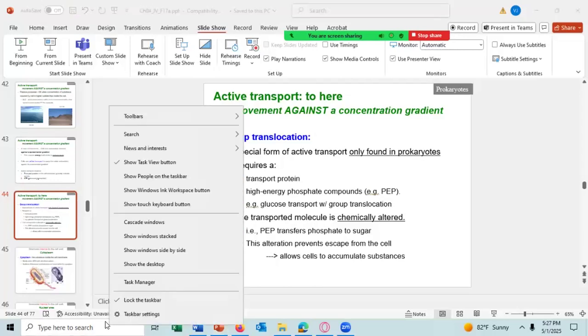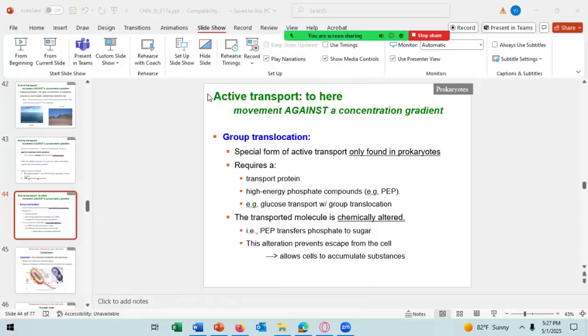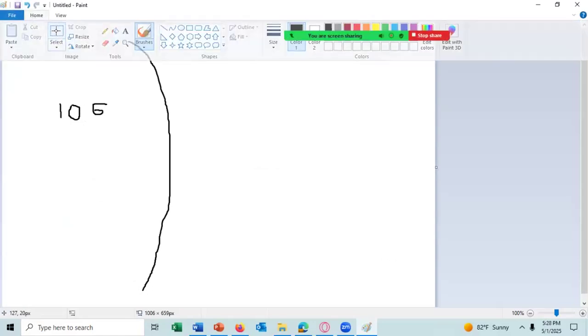Let me explain that a little better if I can get Paint to work here. So here we have our cell, and let's say we have 10 glucose molecules inside the cell, and maybe I can just copy and paste this.